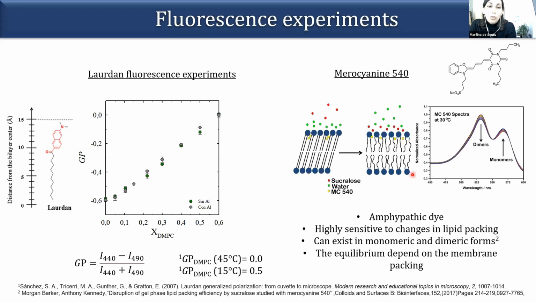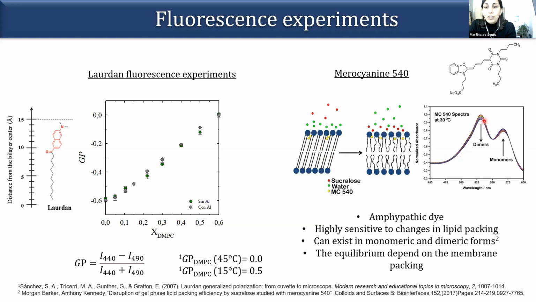So we choose to perform the same experiment using a merocyanine probe. This is an amphipathic probe that intercalates in the membrane near the polar heads, and the probe intercalates as a monomer in more fluid membranes, and it can form dimers when the membrane is more ordered or rigid.